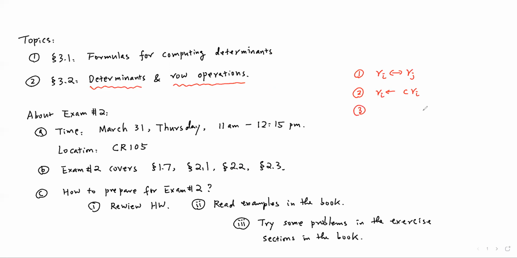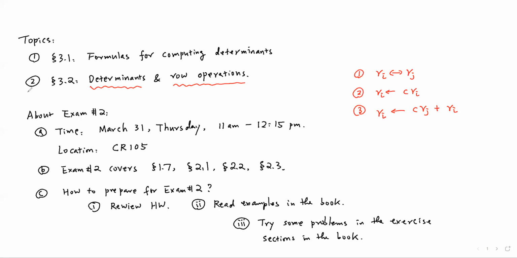And the third operation is some number times some row J added to row I. Pay attention: don't put the result of C times row J plus row I in row J, but put the new row in row I. It is important to remember.